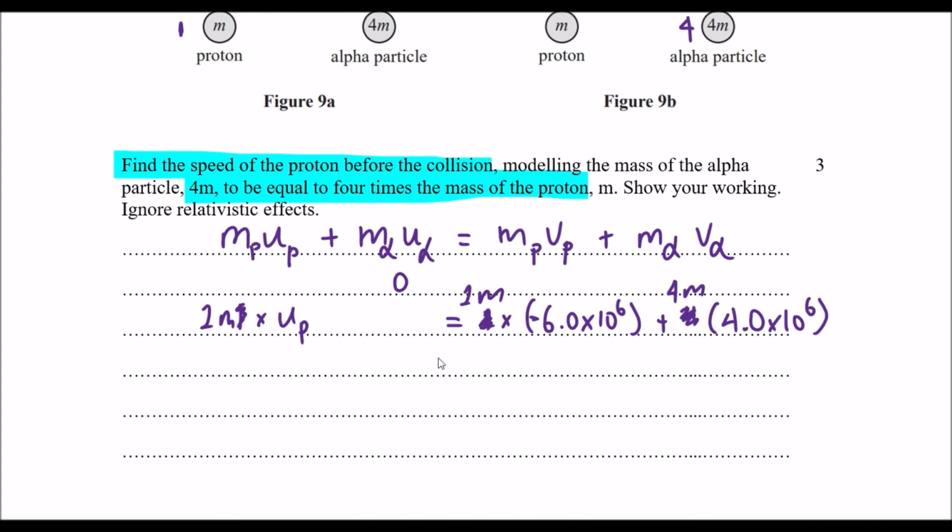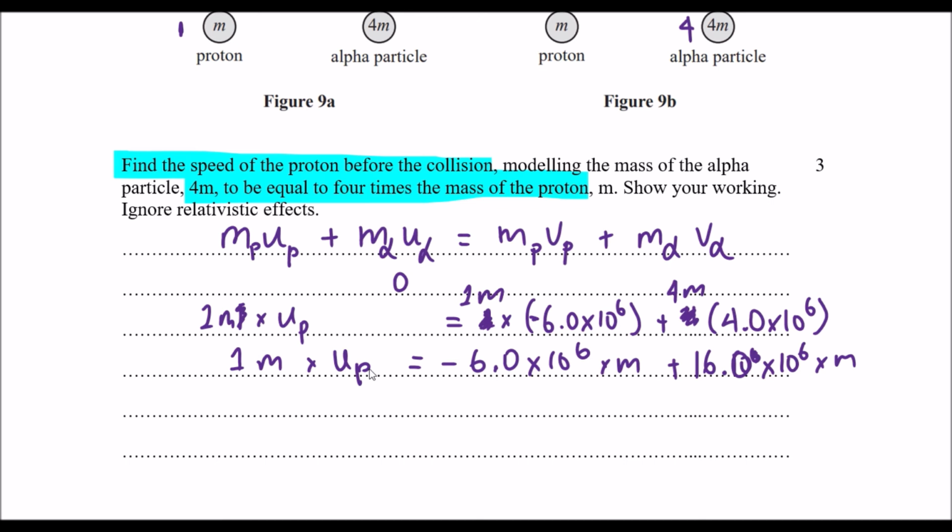Okay, so when we multiply everything together, we have negative 6.0 times 10 to the power of 6 times m plus 4 times 4, which is 16, times 10 to the power of 6, times m there. And then we have 1m multiplied by UP.